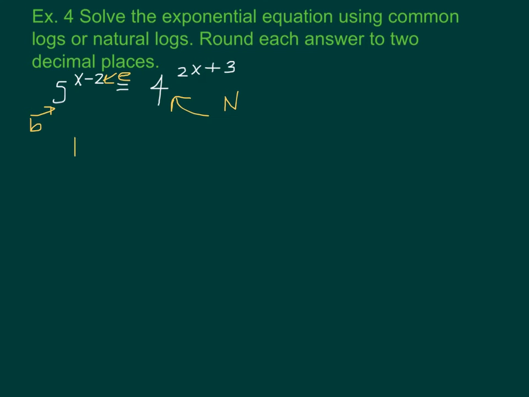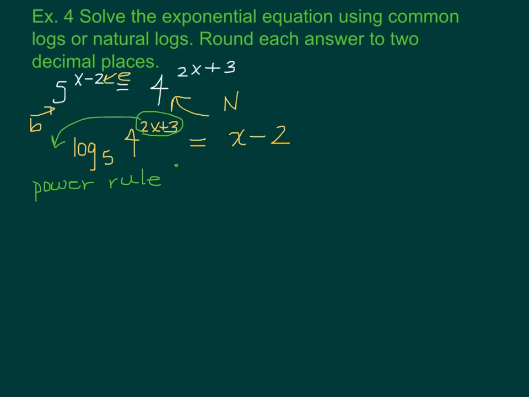So you do log base 5 of this whole expression is equal to x minus 2. Here we're going to use the power rule so that this exponent can come down front. So it'll look like this.